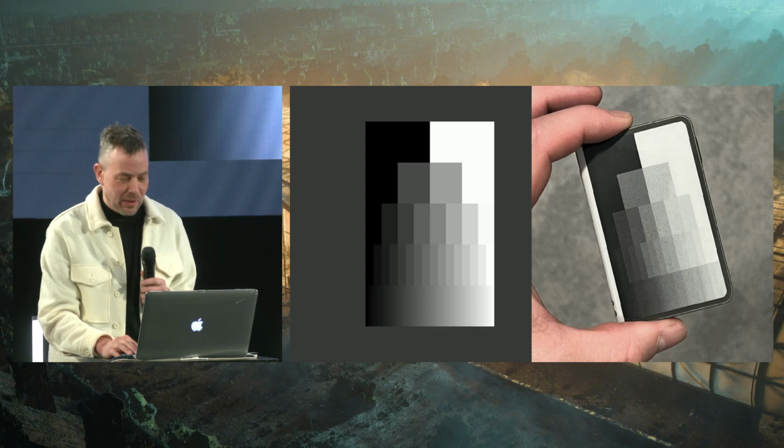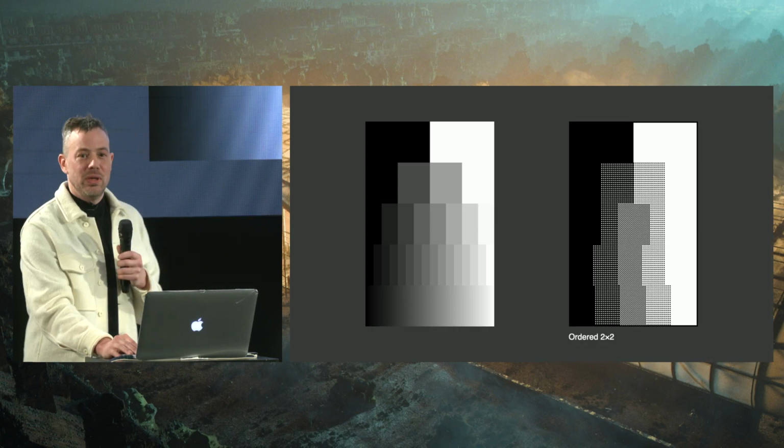But another thing I usually do, I also work with dithering algorithms. So I built in this test generator a dithering algorithm, and I tried different techniques just to avoid the grayscale and just to work with high contrast.